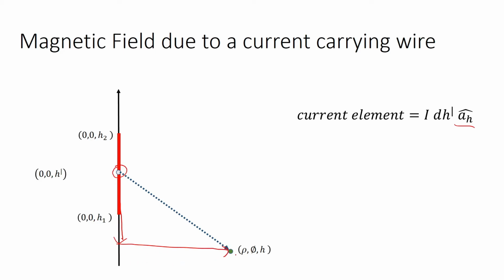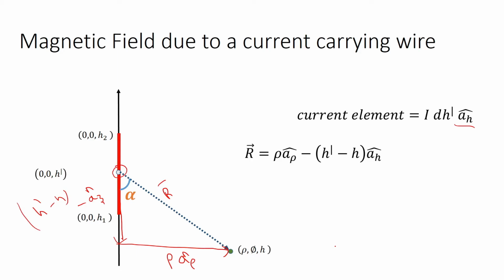This is the perpendicular from z-axis, that is a rho cap, and this is the negative z-axis, that is minus a z cap. The magnitude of this is h dash minus h and the magnitude of this is rho. The angle this r bar is making with the current element is alpha. So r bar equals rho times a rho cap minus h dash minus h a z cap.